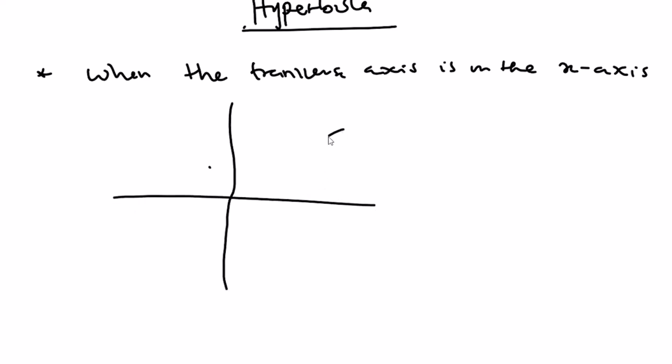Then we have a hyperbola like this. So when this one lies on the x-axis, with a focus, let's name this one C,0, and this is going to be negative C,0.